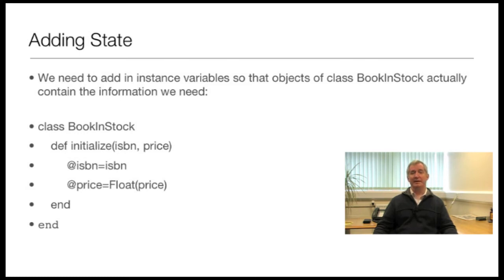Hopefully someone will have used a regular expression to check that that string will cast correctly into a float, but the actual casting of it into a float is done in that initialize. So it's checking that the values are of the right type, and assigning them to instance variables.